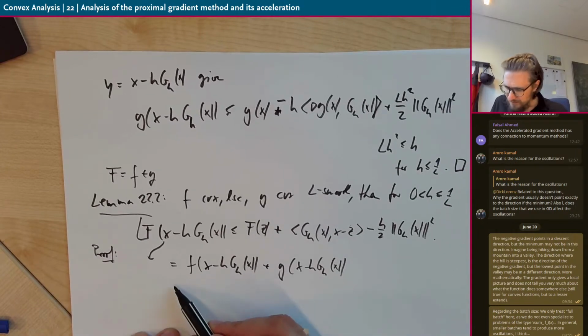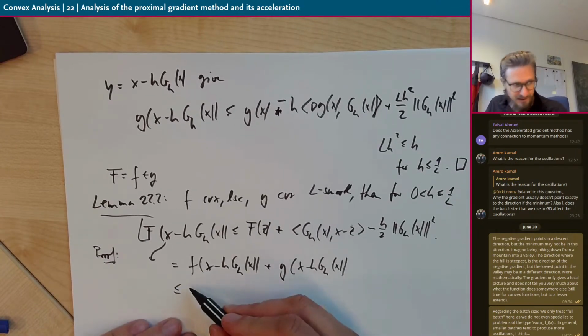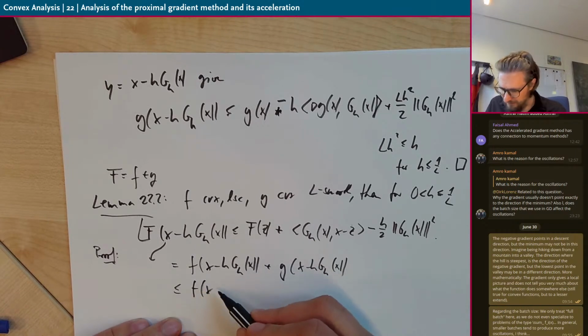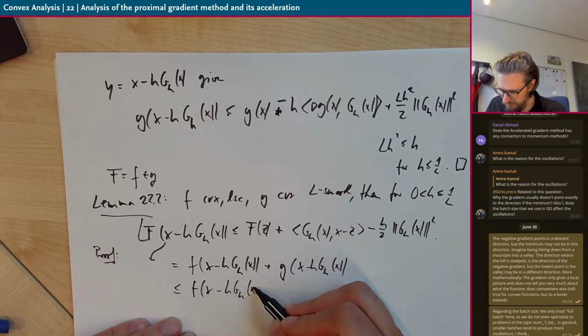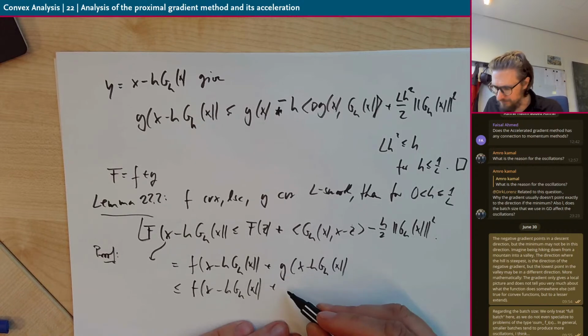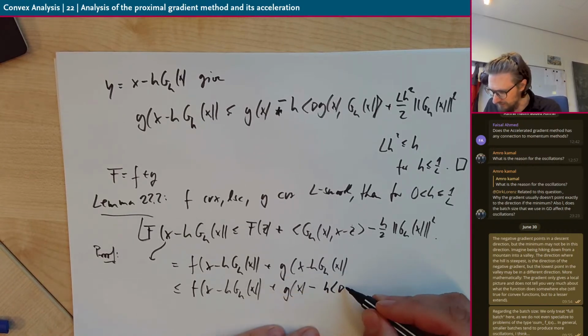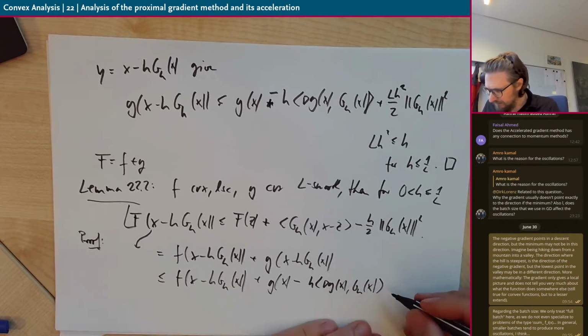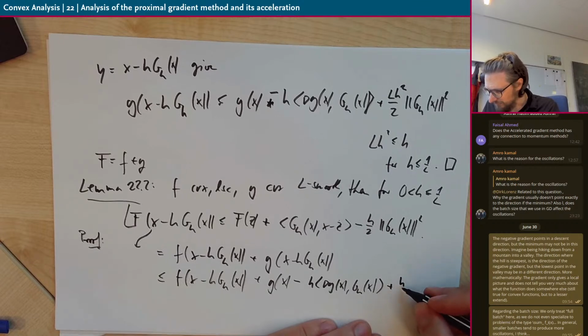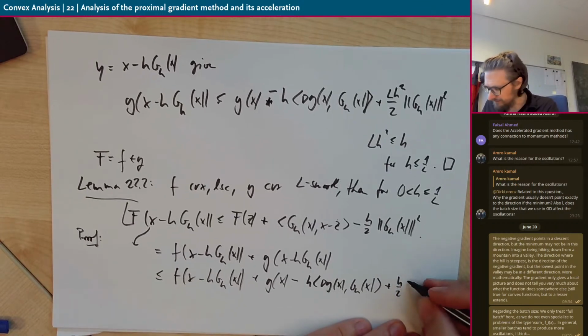So this is bounded from above by f of the prox step plus g of x minus h times gradient g, and we estimate here by plus h over 2, I guess.